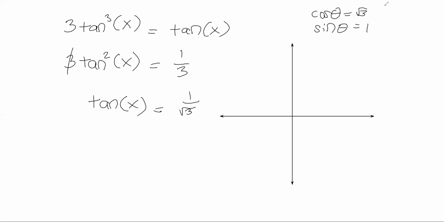So that means our x should be positive square root of 3. Our sine should be positive 1. Or either they're both positive or they're both negative. So a y being 1 would be right around here. It would look like this. And then the other place where this is true would be right here.